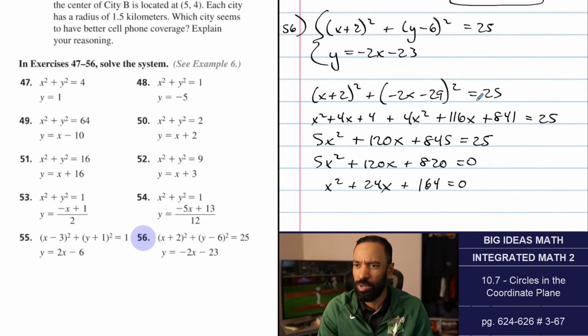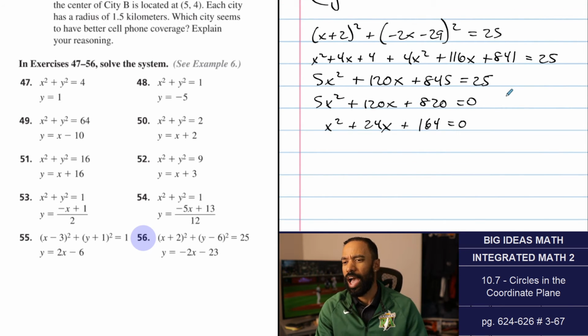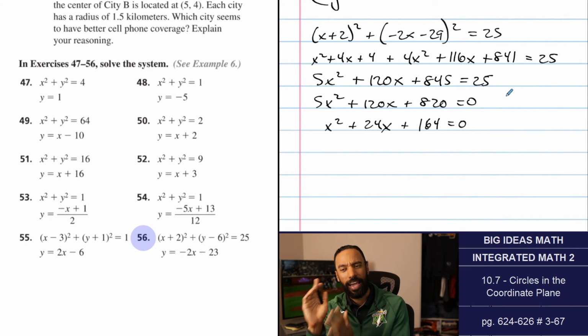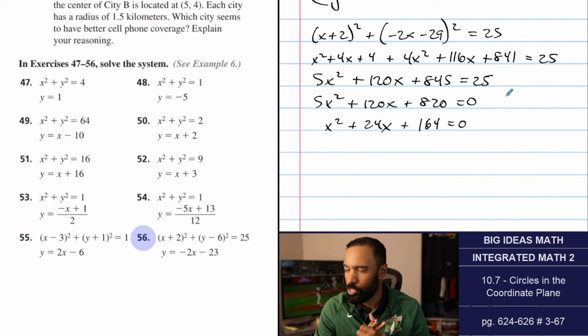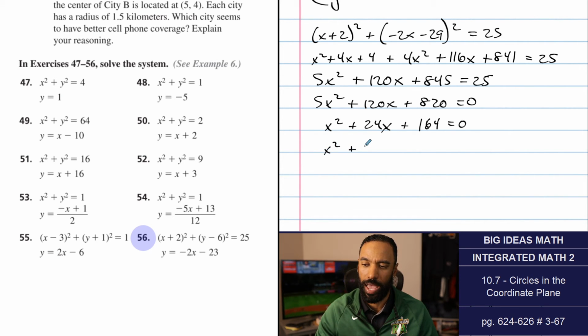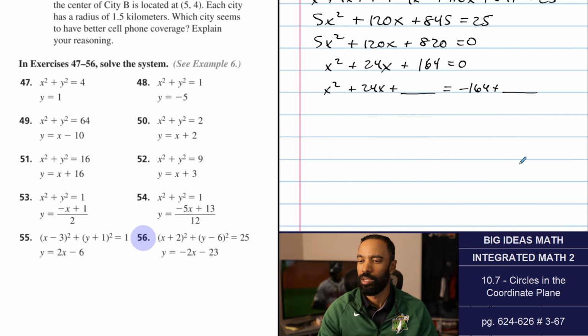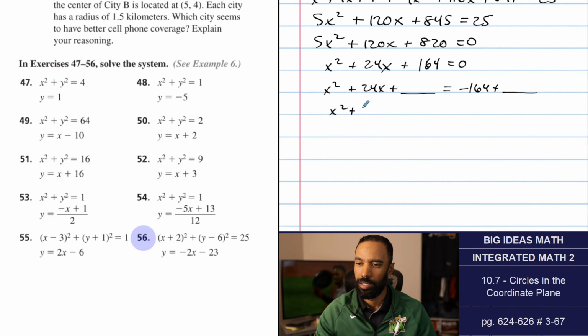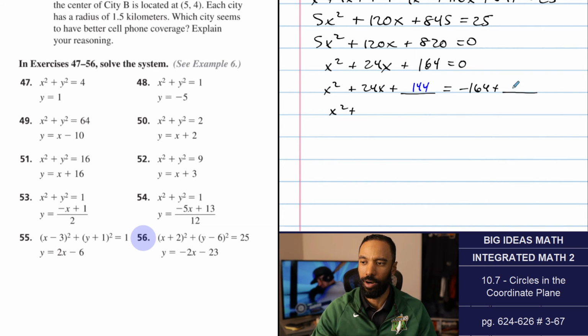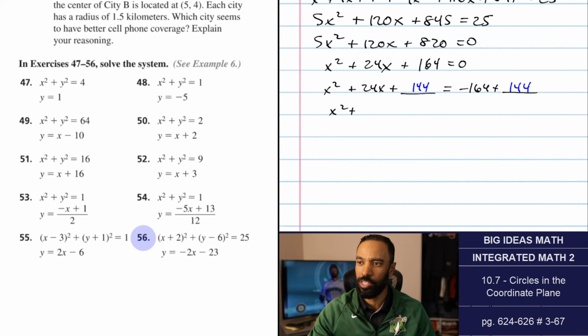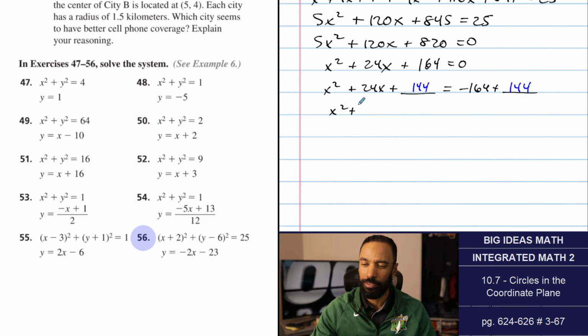What's this one? Number 56. So I don't think that's factorable. What I want to do is I'll try completing the square if it's not factorable. So x squared plus 24x plus blank equals negative 164 plus blank. Divided by 2 and square it is 144. I don't think this one will work out because I get a negative result.